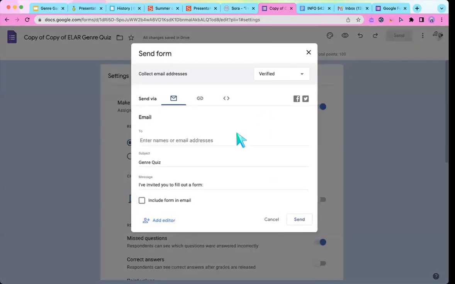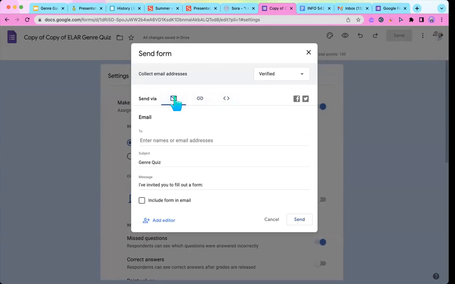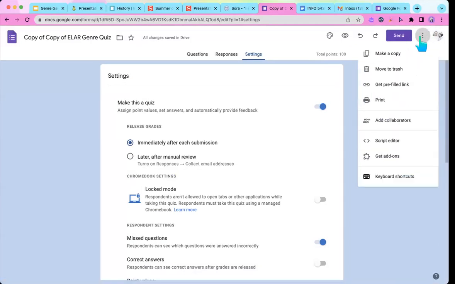Yeah, settings, and then it should give you the opportunity to let anyone. Let me make my screen bigger. Go to the embedded link. Or the three dots might be share.